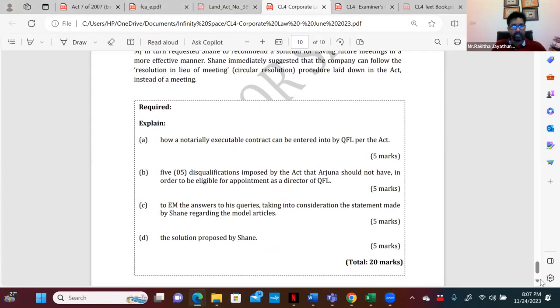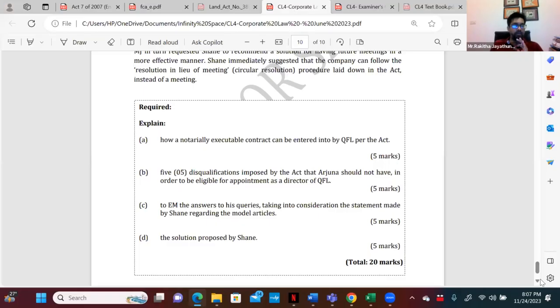Yeah, so the answer to that query is, first, you have to explain what the quorum is. Some students, according to the examiner, have not explained what the quorum is, and some people have completely avoided the question because they have not understood the concept of quorum.